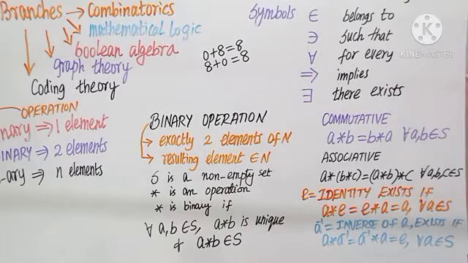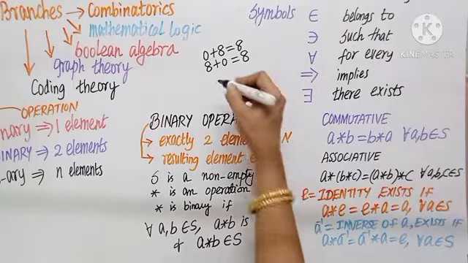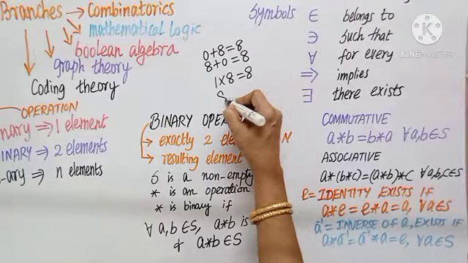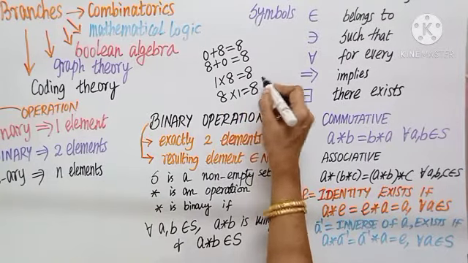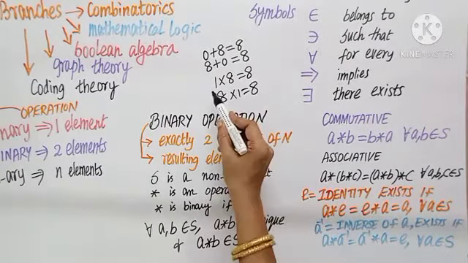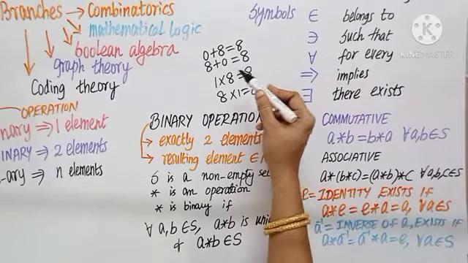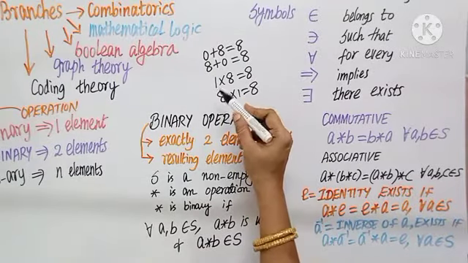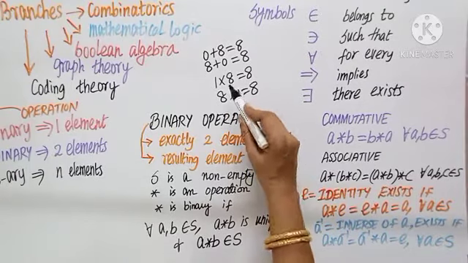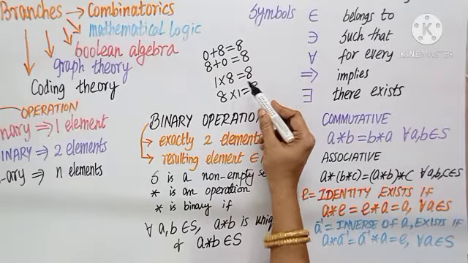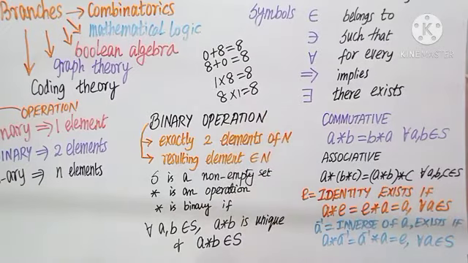And what do you mean by multiplicative identity? 1 into 8, my answer is 8. 8 into 1, my answer is 8. So, 1 if I multiply with any number, that number only comes. 1 when multiplied with a number does not change the number. That number is the same even after multiplying with 1.